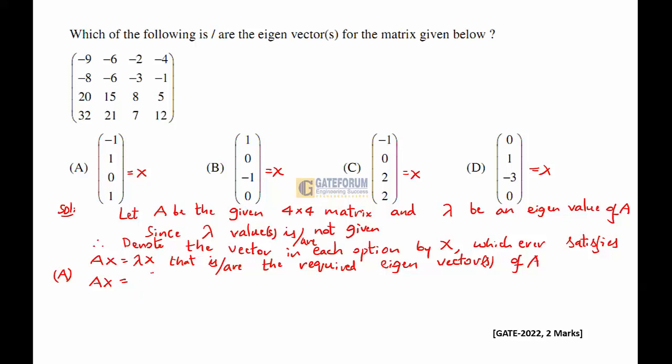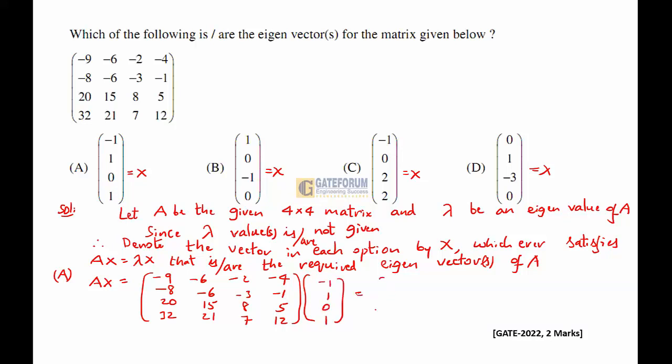So Ax equal to A, which is minus 9, minus 6, minus 2, minus 4, minus 8, minus 6, minus 3, minus 1, 20, 15, 8, 5, 32, 21, 7, 12, into the vector x of option A, minus 1, 1, 0, 1.